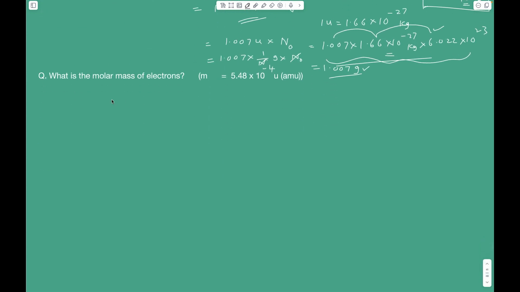Now the next question says, what is the molar mass of electrons? Simple. Molar mass of any particle is equal to its relative mass expressed in gram per mole.